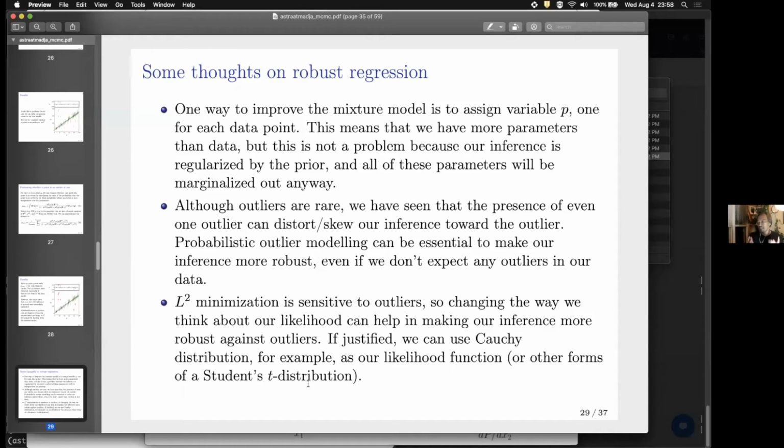The Cauchy distribution has degrees of freedom of 1, and the Gaussian has infinite degrees of freedom. So the Cauchy distribution and the Gaussian distribution are actually forms of the Student's t-distribution. So what's the appropriate degrees of freedom? Well, that can be inferred from the data, so we don't have to worry about it.